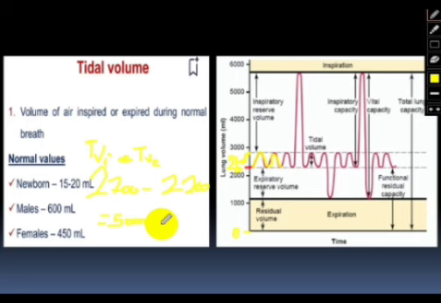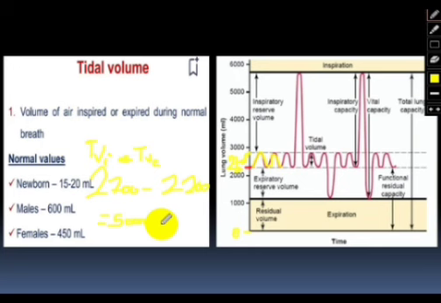But the physiological range is between 450 to 600 mils. When the value for tidal volume of your patient falls between 450 to 600 mils, then that person is normal.